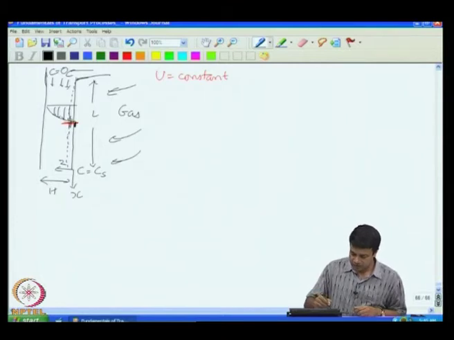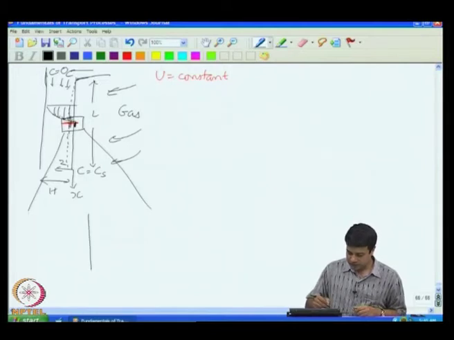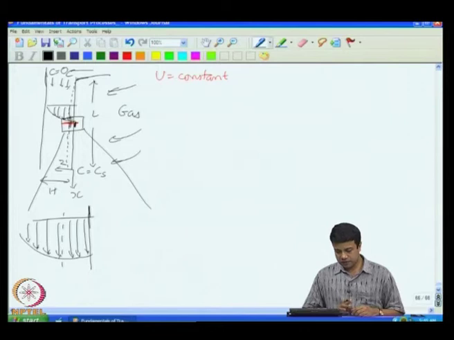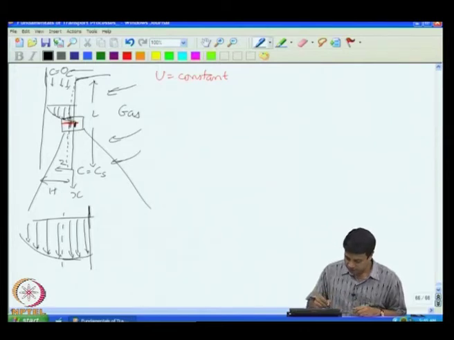So, if I expand out this region alone, I have this interface, I have this penetration depth here, and then I have a velocity profile along this. I have a velocity profile that goes like that. My constant velocity approximation is valid only if the change in velocity in this region is small compared to the total velocity itself.